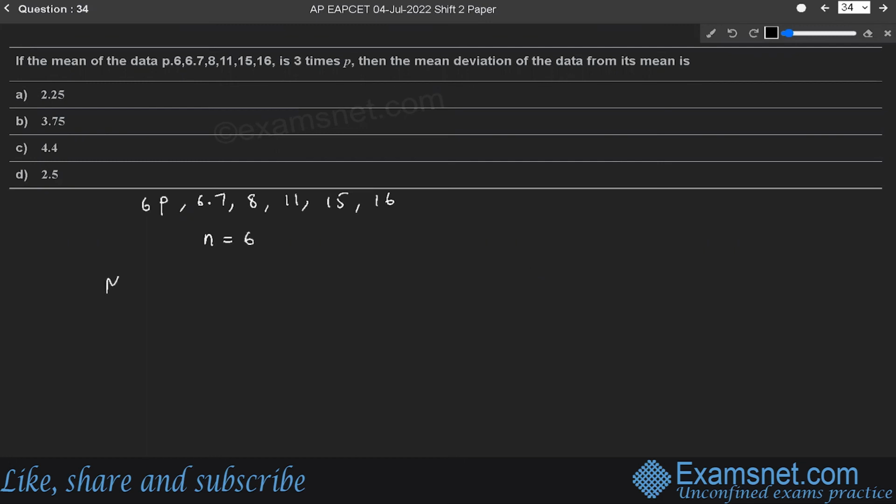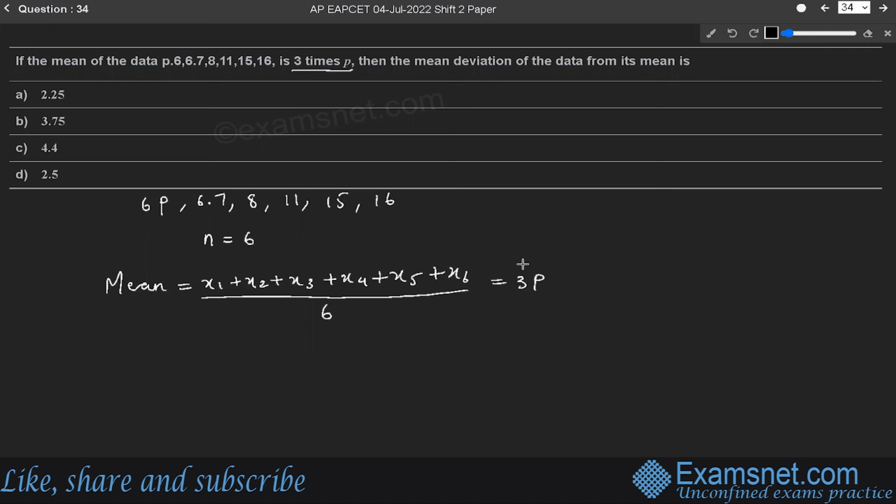We know that mean is the sum of all the observations upon the total number of observations. So mean will be x1 plus x2 plus x3 plus x4 plus x5 plus x6 divided by the total number of observations, which is 6, and it is given that the mean is 3 times p, means it is equal to 3p.